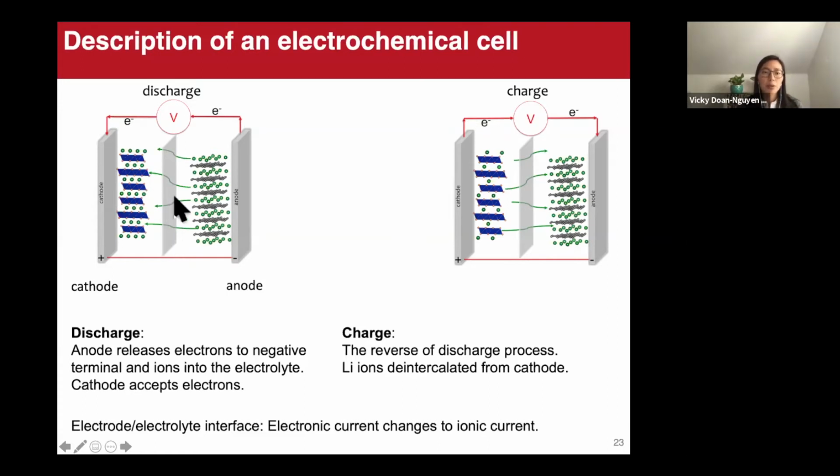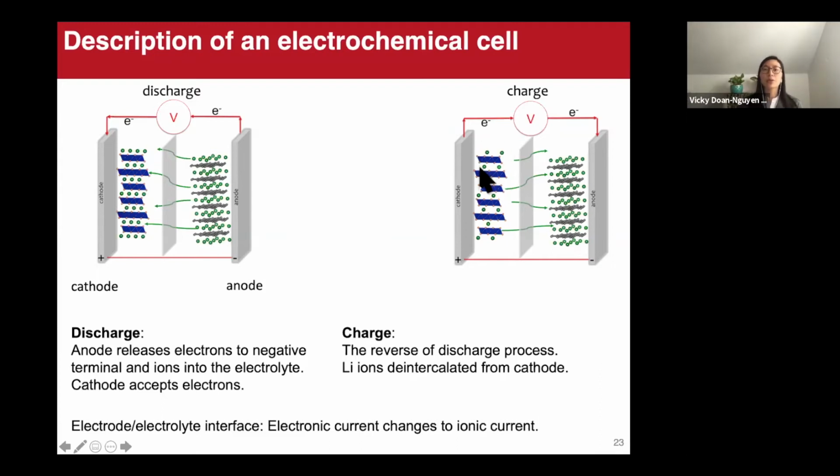Upon discharge, you can see here the green lithium ions are transported from the anode side to the cathode side. And this graphic represents lithium cobalt oxide as an example of a cathode material. And the gray material here, that's graphite. That could also just be lithium, so you could just have a sink of lithium at the anode side.